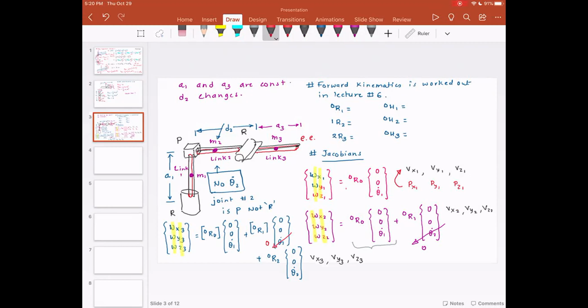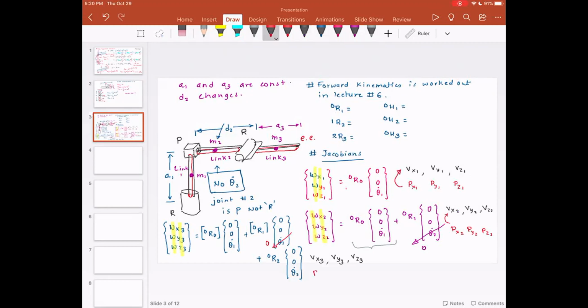We will solve the forward kinematics problem again for px2, py2, pz2, and then find vx2, vy2, vz2.